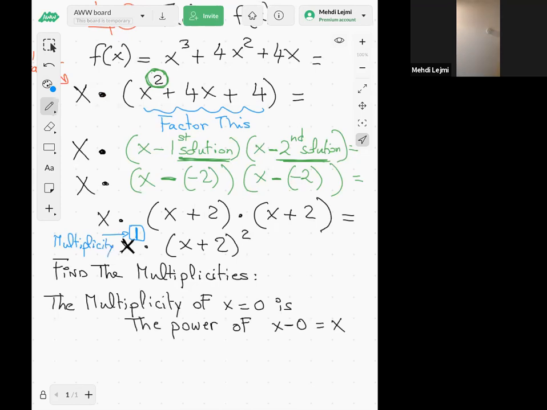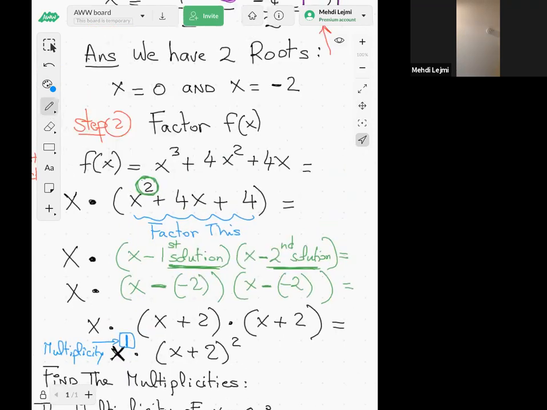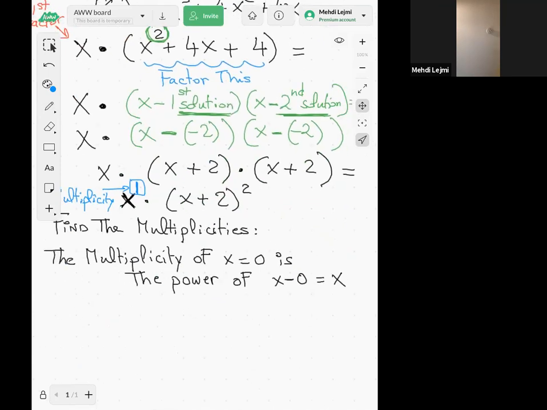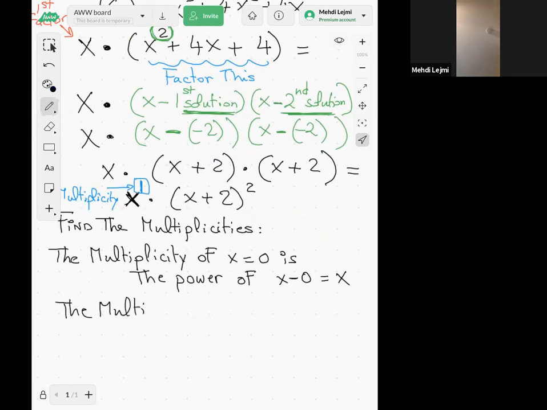Now, what about the multiplicity of my second solution or my second root? My second solution, we said, is x equal to -2. So the multiplicity of x equal to -2 is the power of x minus -2.